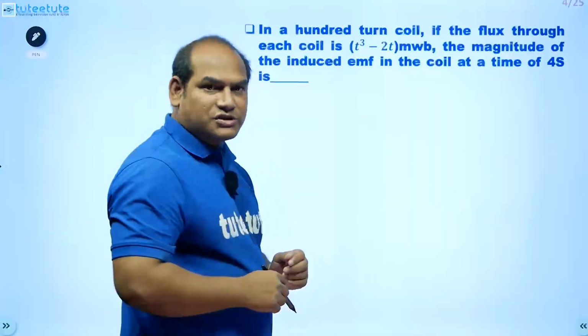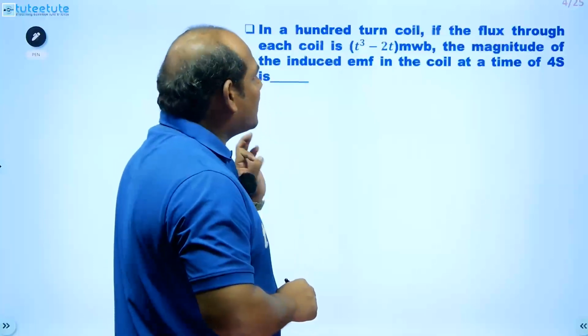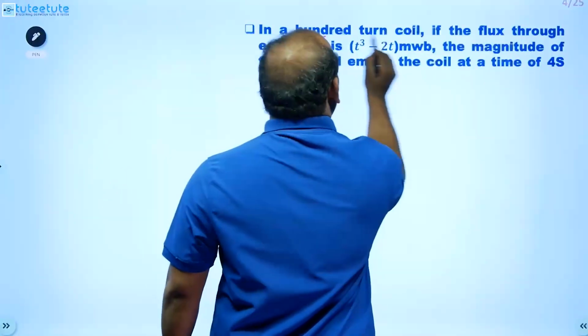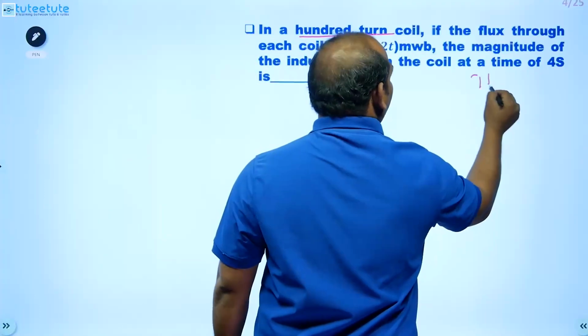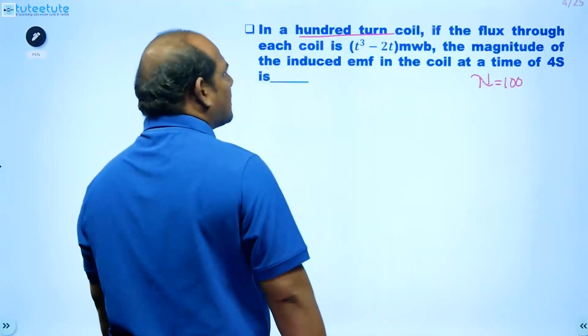Now we'll see the next question. The question is related to Faraday's law. In a 100-turn coil, immediately we can write the data, that is the number of turns N is equal to 100.